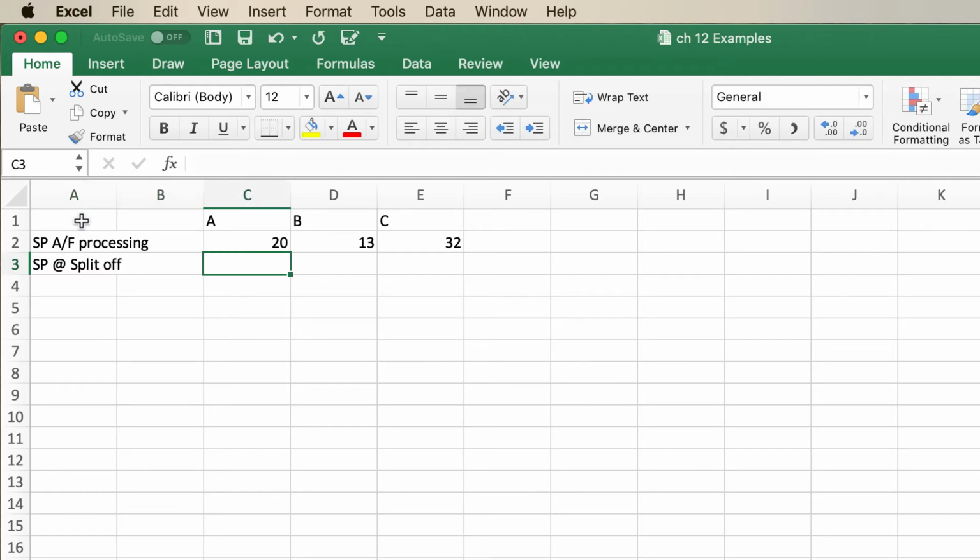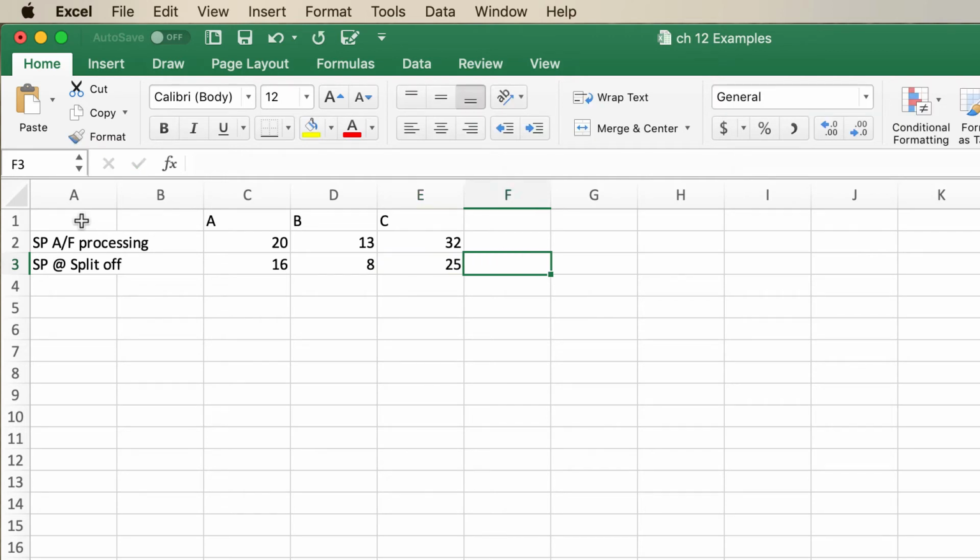Again, that's the selling price that we have in the first box. Unit selling price and total output at the split off point are as follows: product A, $16 per pound; product B, $8 per pound; and product C is $25 per gallon.